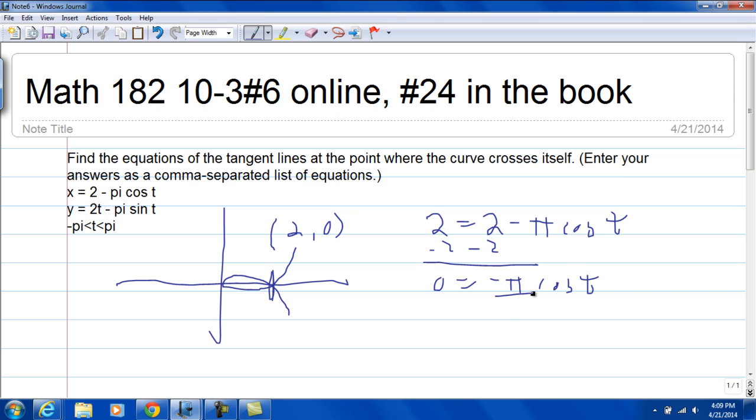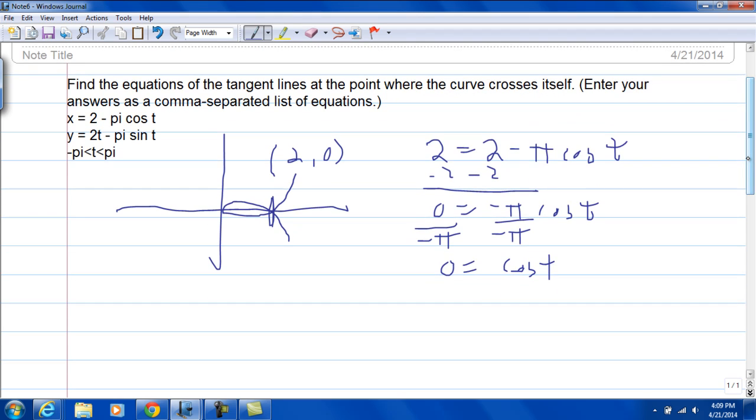And if you divide both sides by negative pi, 0 equals cosine t. Well, where does that occur from negative pi to pi? t must be pi over 2 and negative pi over 2.